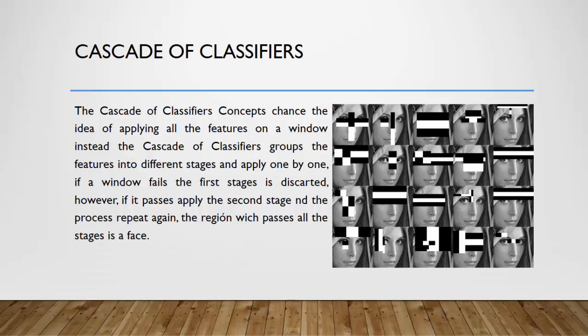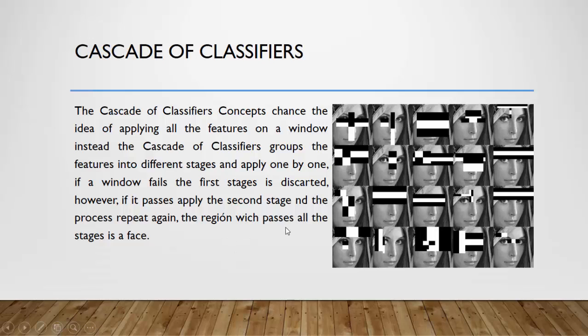The cascade of classifiers concept changes the idea of applying all of the features on a window. Instead, the cascade of classifiers groups the features into different stages and applies them one by one. If a window fails the first stage, it is discarded. However, if it passes, we apply the second stage, and the process repeats again and again.